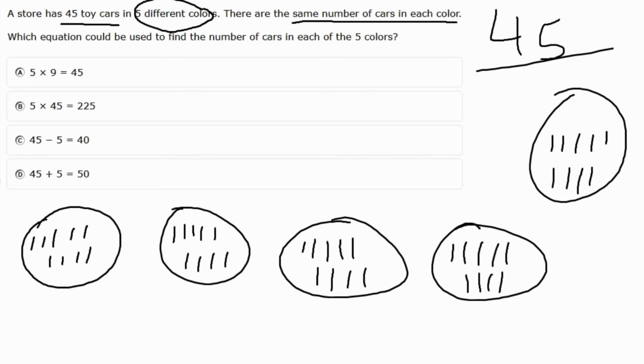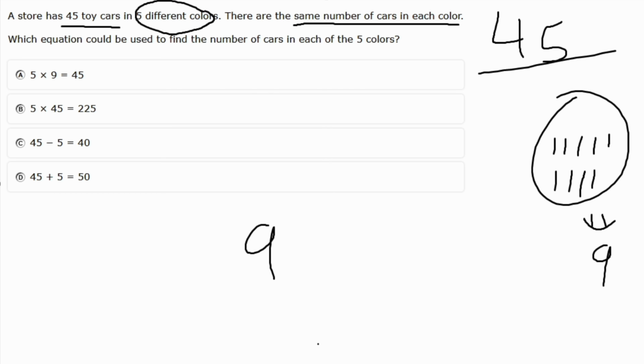Right, so if we count it, we can see that we have about 9 tick marks in each group, or 9 cars in each color, right? So 9 in each color. That's basically 9 toy cars in each of the 5 groups.